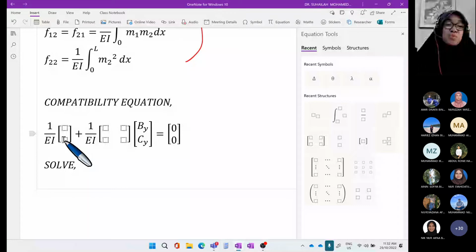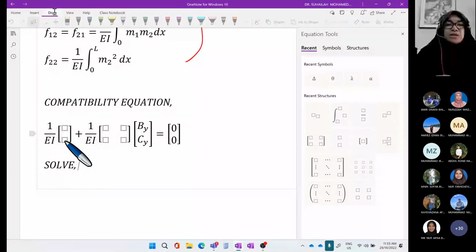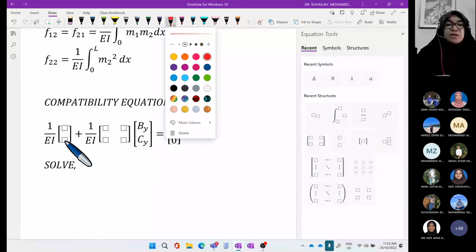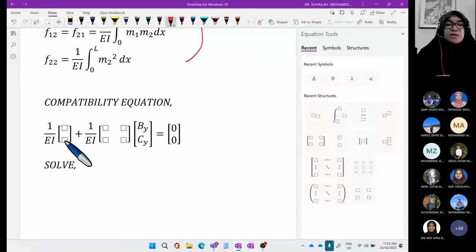Tak payahlah kembang balik jadi equation. No need to do that. Cuma nanti bila you dah ada value, you just key in the value, use calculator. So dekat sini nanti this is A, this is B. A dengan B, nanti kita nak solve dia macam ni. Bila kita nak solve, dia jadi macam ni.